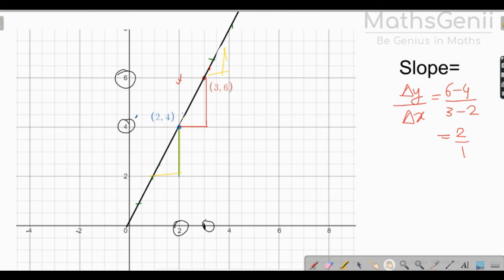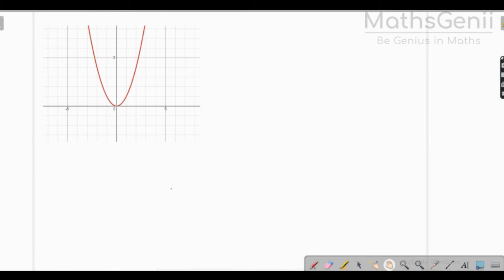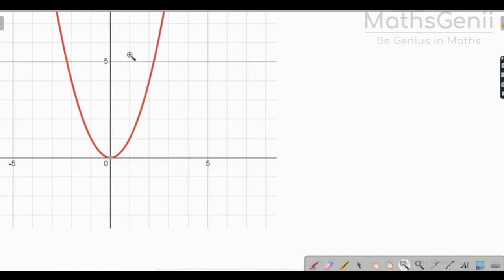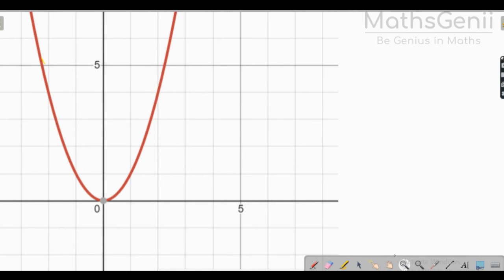But then what happens when you come to the curves? When you come to curves, firstly, you cannot directly find a slope. You have to draw a tangent to the curve. So, this is your point now. Now, to find the slope at this point, you'll have to draw x component, y component, and then find it.